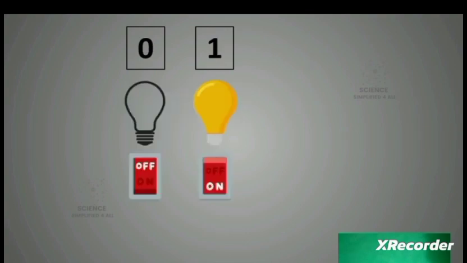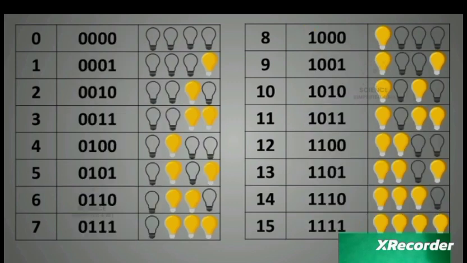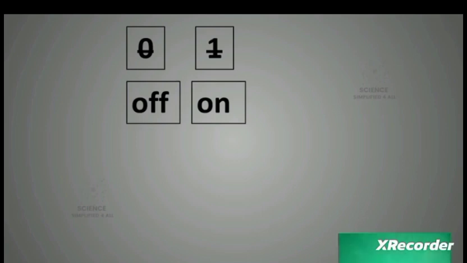In our bulb example earlier, a glowing bulb can be called 1 and an unlit bulb can be called 0. In that case, this table can also be written in the form of zeros and ones, as shown here. That is why we call it the binary system. But remember, at its core, there are no actual ones and zeros. It is simply on and off states.